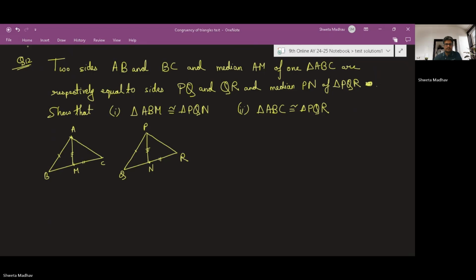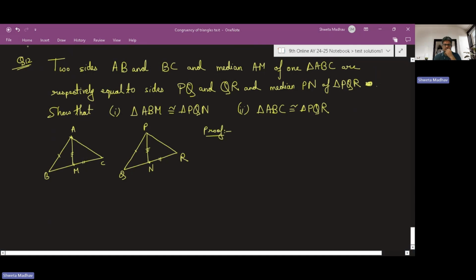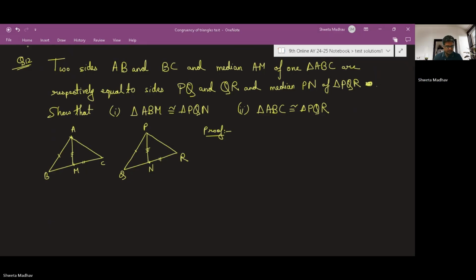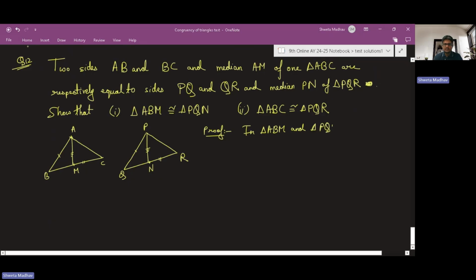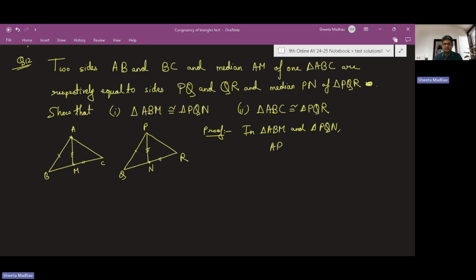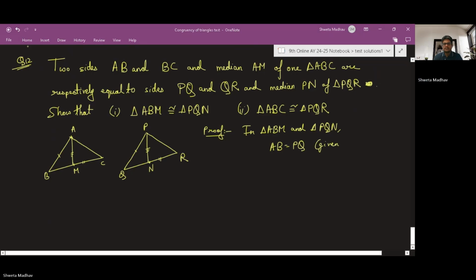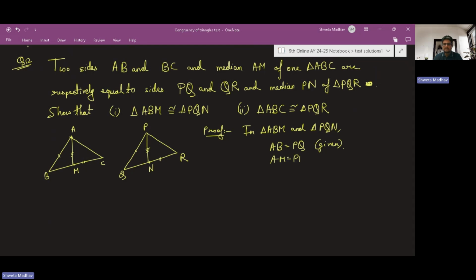So now, how to prove the first part? In the proof, I will say that in triangle ABM and triangle PQN, AB is equal to PQ, which is given, and AM is equal to PN, which is also given.